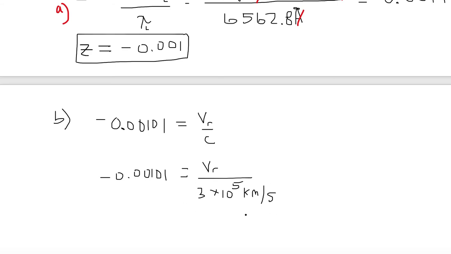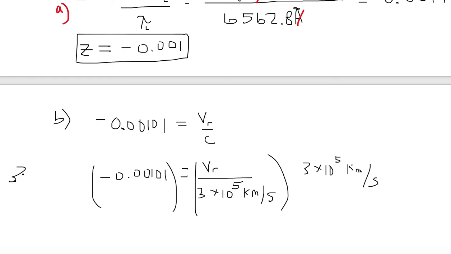And now all I need to do is multiply both sides of the equation by this 3 times 10 to the 5th kilometers per second. And then I can cancel out units and letters and numbers.